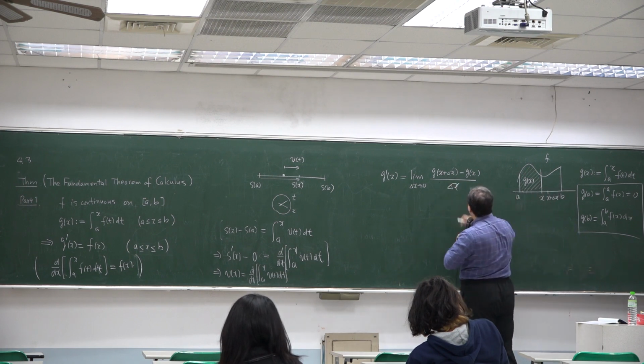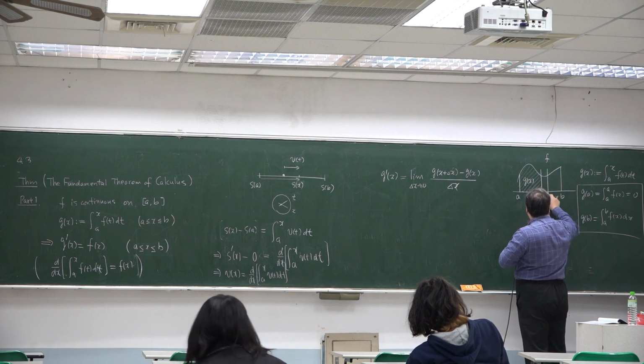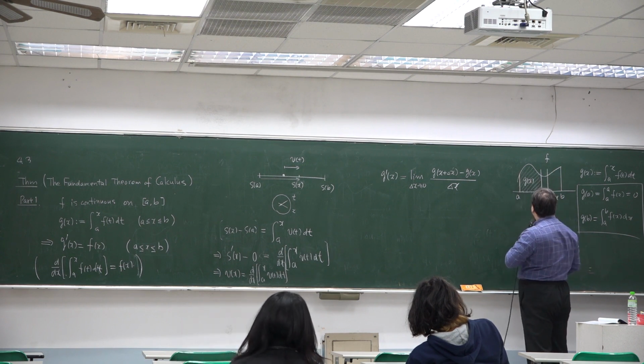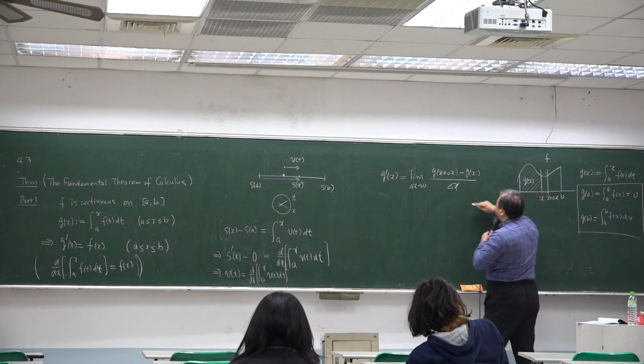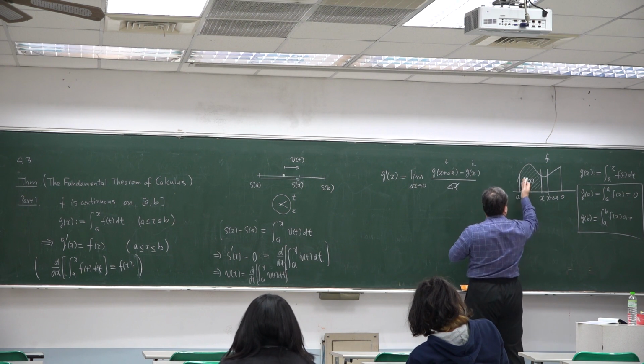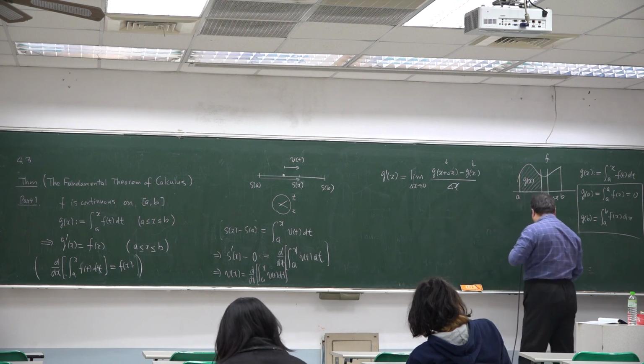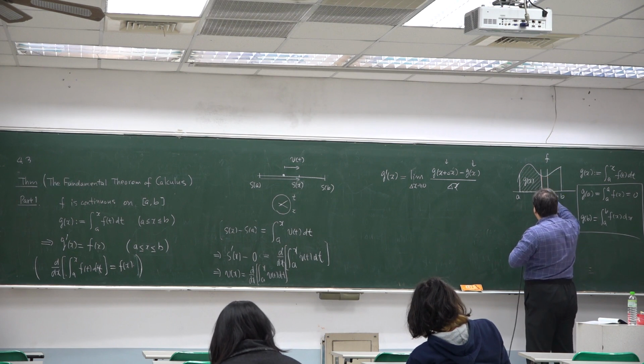So g of x plus delta x means the area from here to here. G of x is the area from a to x. So the difference stands for this area.